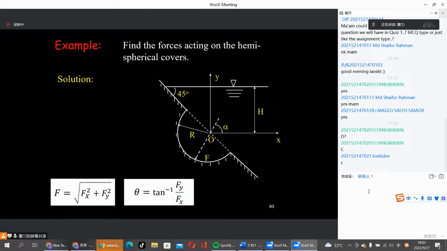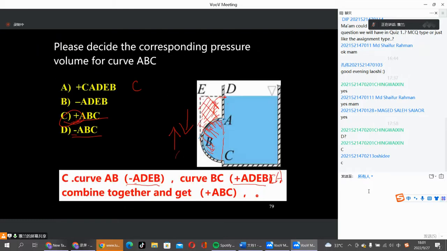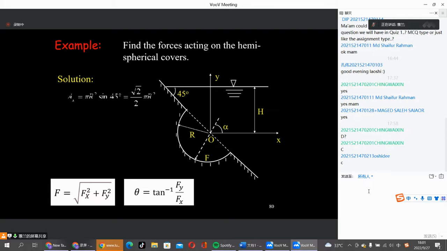Here, we need to find the force acting on the hemispherical covers. I forgot to mention that the center of pressure for the horizontal force should be the center of pressure for the vertical projection area.